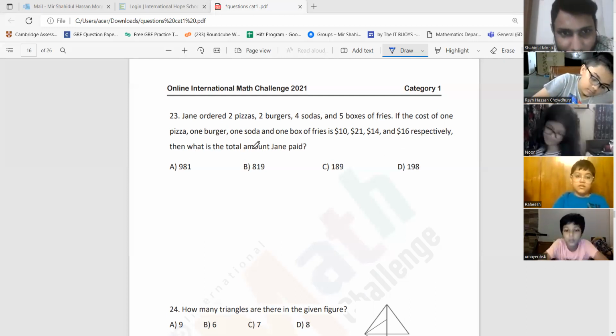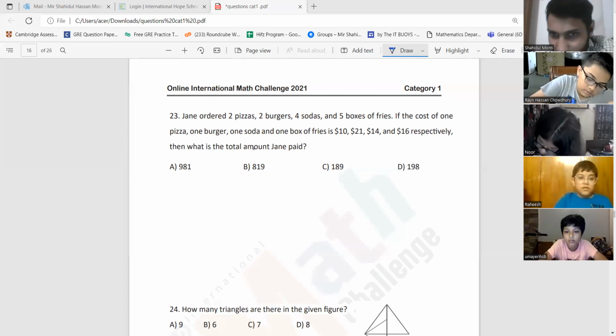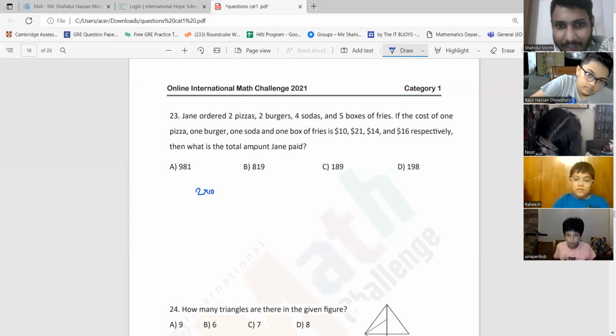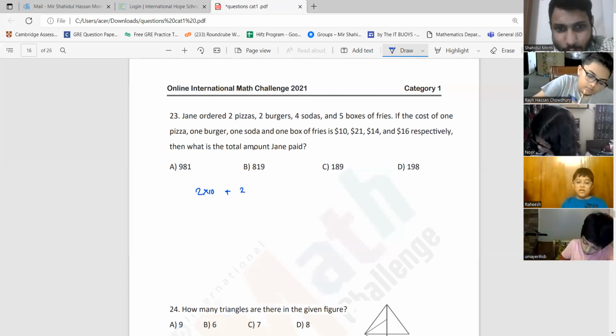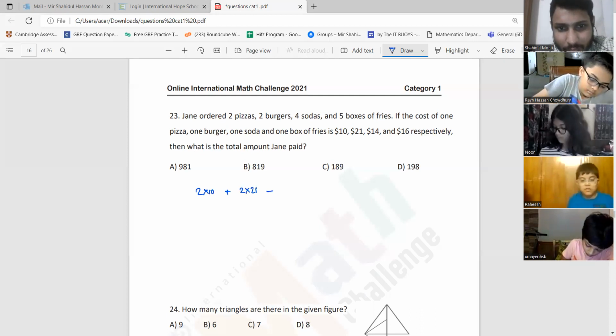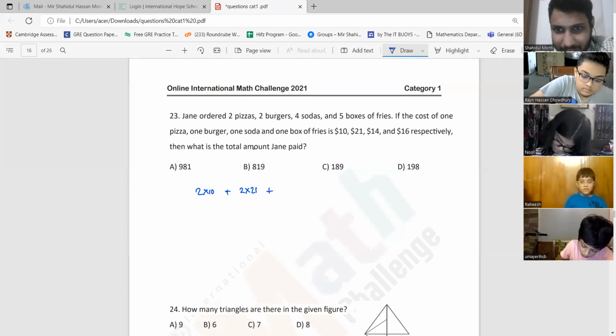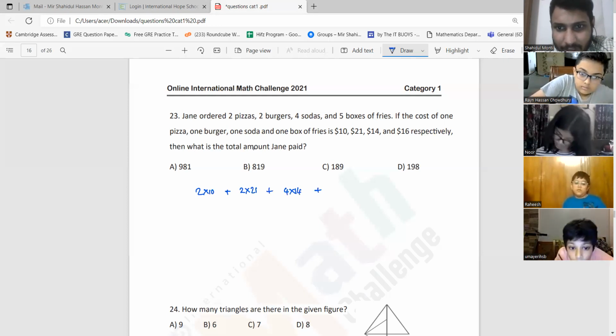Okay, so here we understand that 2 pizzas, the cost of 1 pizza is 10. So 2 times 10, and then plus 2 burgers. The cost of 1 burger is 21. 2 times 21 plus, then we have 4 sodas. 1 soda is equal to $14. So 4 times 14 plus 5 boxes of fries.